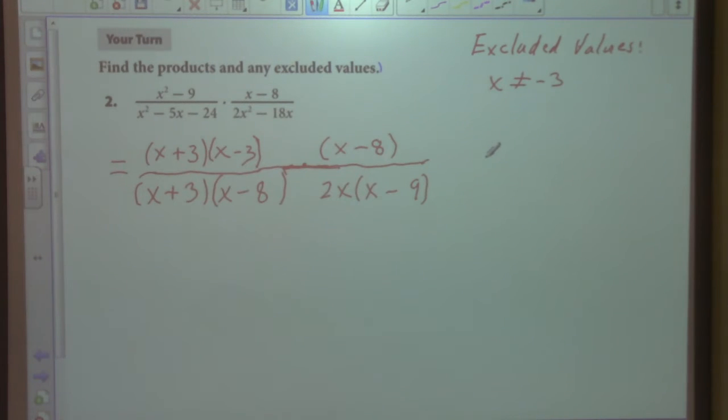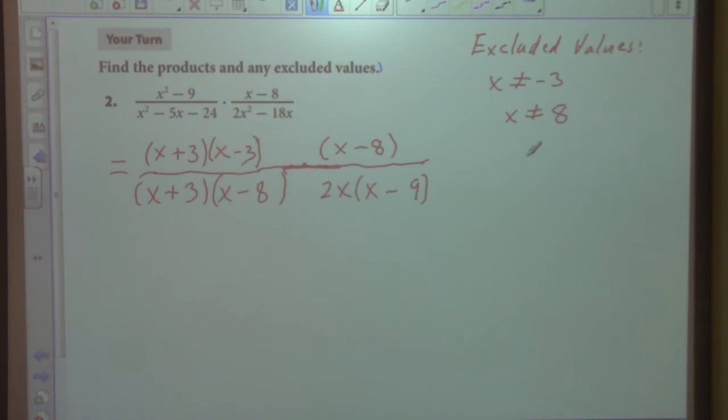What others? x cannot equal 8. Jay, how did you get 8? Because you said -3, and that's +3, so I looked at the 8, and it's negative there, so it says +8. Jay is saying that if x is 8, you're dividing by 0, right? Good job.